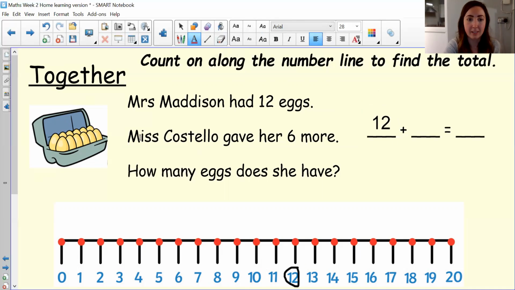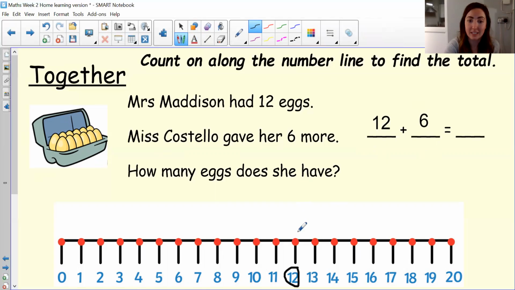Oh, what happens next? Miss Costello gave her 6 more. So I am adding 6. Okay, so Mrs. Madison had 12 eggs, and then I gave her 6 more. So we started with 12. How many jumps do we need to make on the number line?